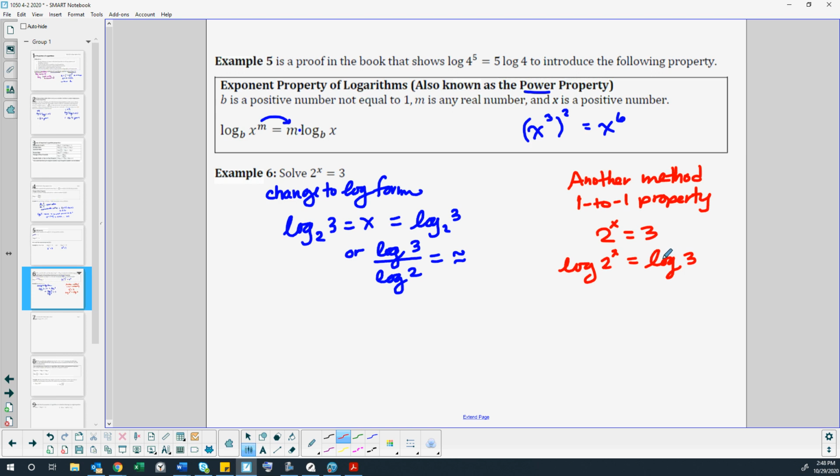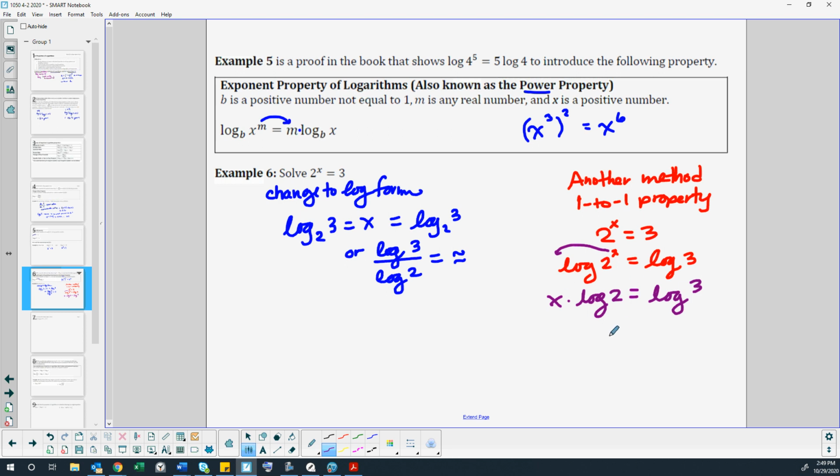I chose a log base 10. Now I can use the power property, and that x can be rewritten as a coefficient or as a product of our logarithm and x, right? So all I've done is I've used the power property to change the power on a power as a product of two powers instead.